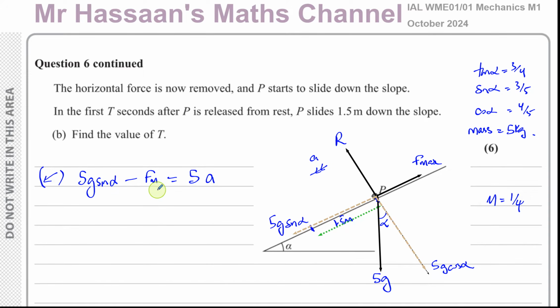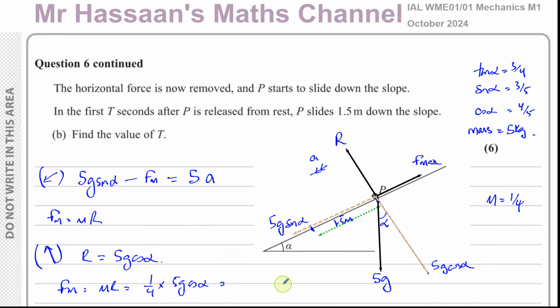So I need to find what F max is, and we know F max is equal to mu R. Let's resolve the forces perpendicular to the plane. We have R equal to 5g cosine alpha, so F max is mu times R, which is a quarter times 5g cosine alpha.